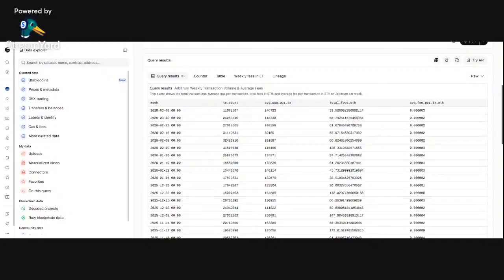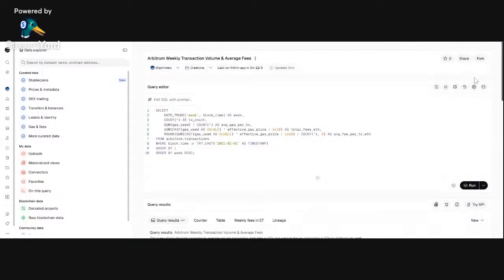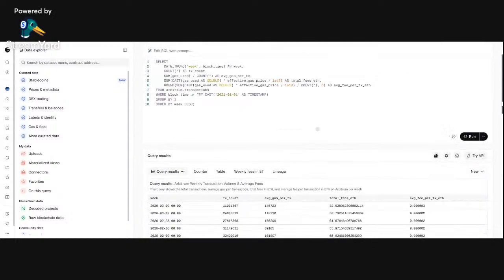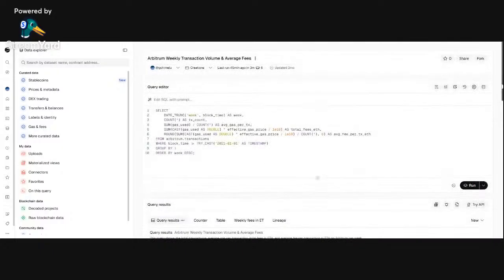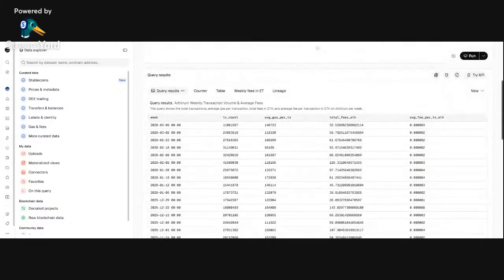So moving on, that's how I did this. What I represented was just the dates and the total fees in Ethereum. I did not represent the transaction count and average gas per transaction in any visualization. I think I could add that later. I just wanted something very simple.